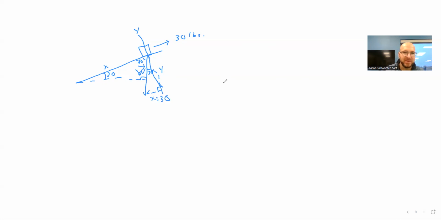Okay. I guess really all it asked me for was W. So W on the W side, I know that the sine of 20 is equal to 30 over W. So I multiply both sides by W to solve. And then I divide by sine 20.